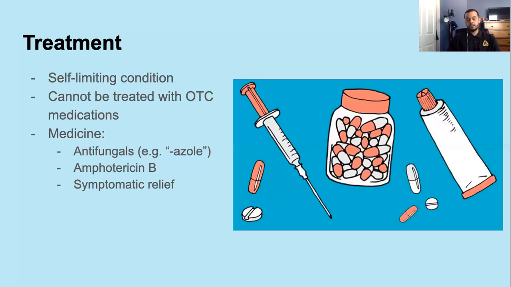Ultimately, if you don't need or require these medications, these antifungals, you may be provided just medications for symptomatic relief. This includes acetaminophen or Tylenol for your fever, rest, hydration, and also aspirin for any muscle aches and pain.